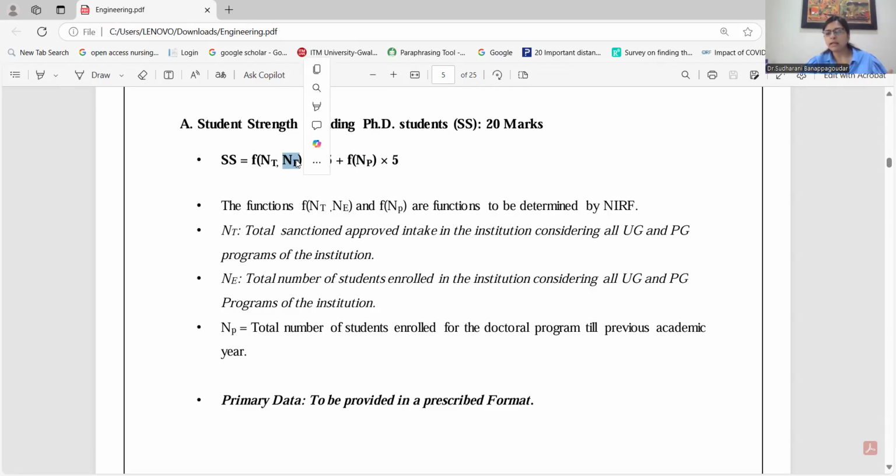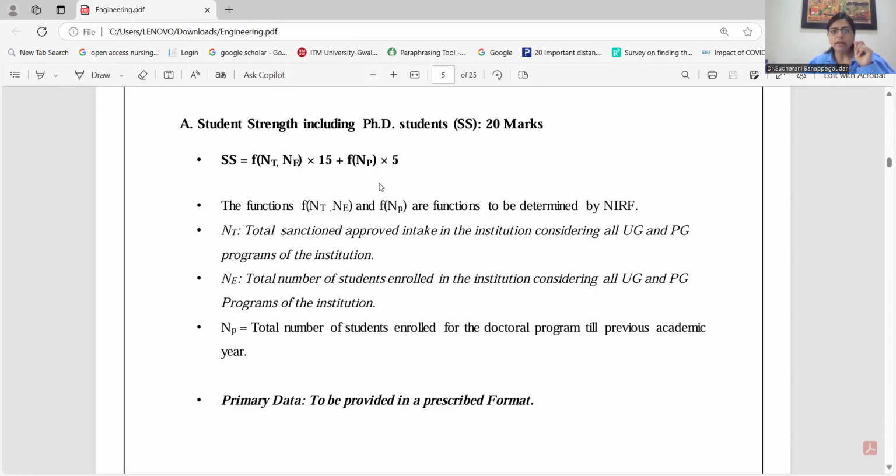However many students the approved intake is, that many students have already been enrolled. Now NP is 10. Okay. So now let us substitute in the formula as discussed. Now NT upon NE. NT is 240. NE is 240. So 240 upon 240 is equal to 1.